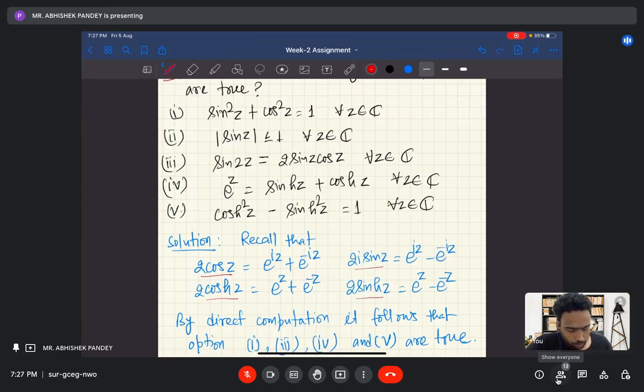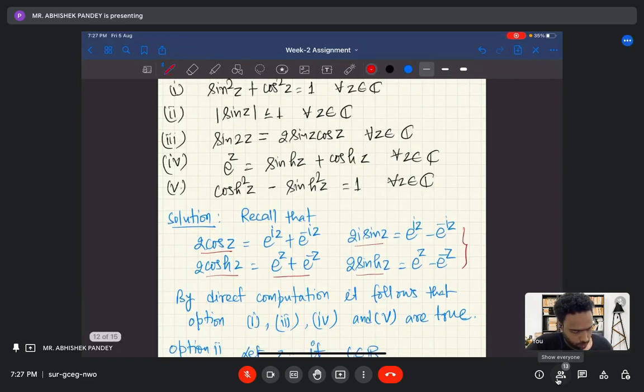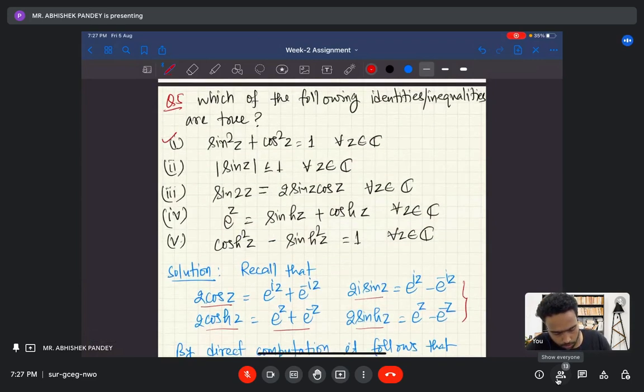It is e to the power iz plus e to the power minus iz, and so on. After direct computation, it follows that options 1, 3, 4, 5 are true. Now we only need to check option second.